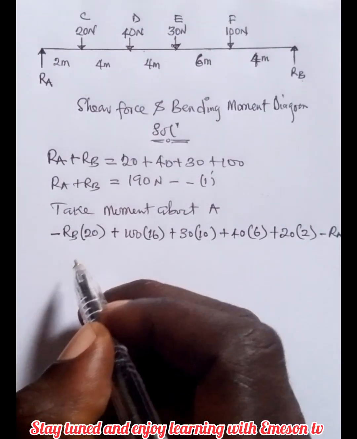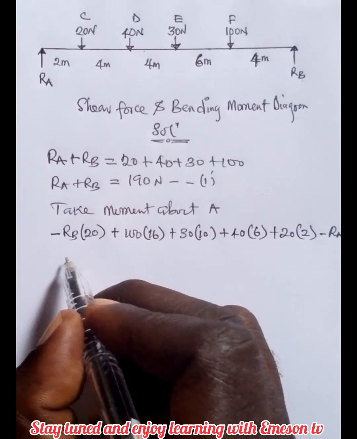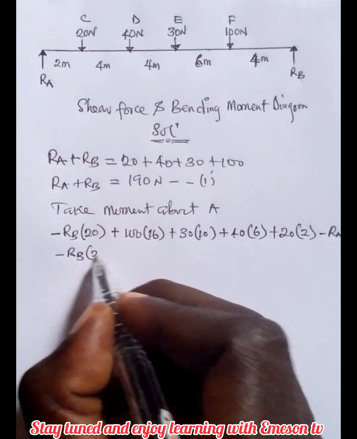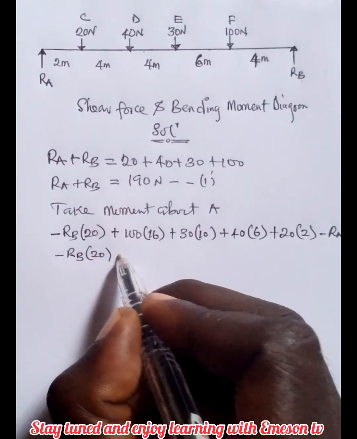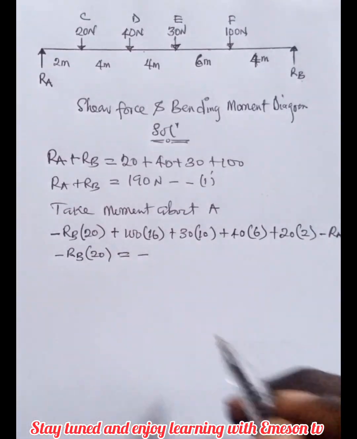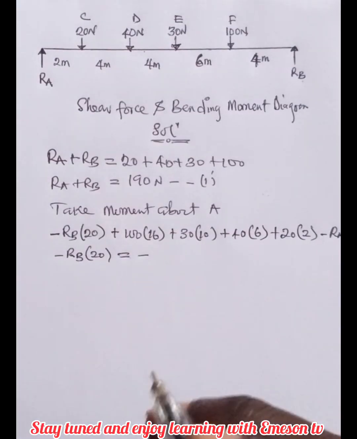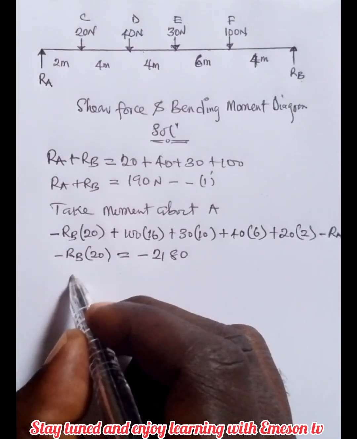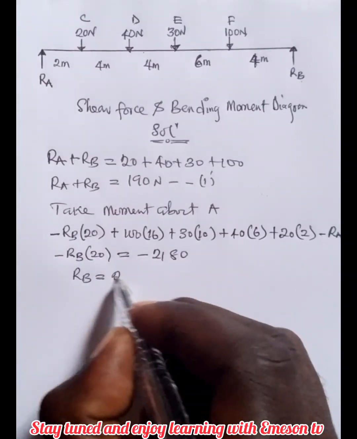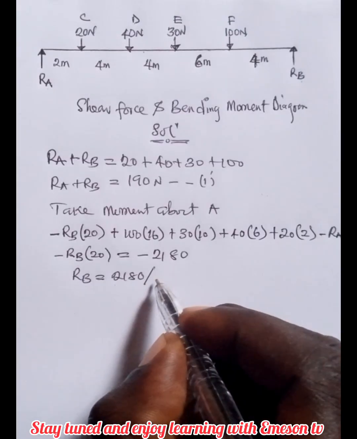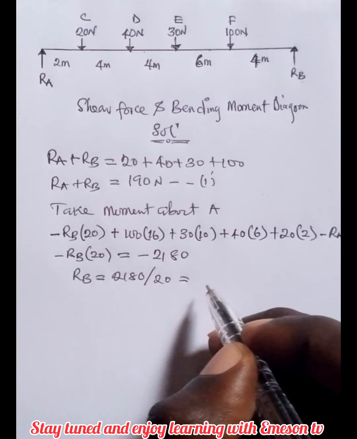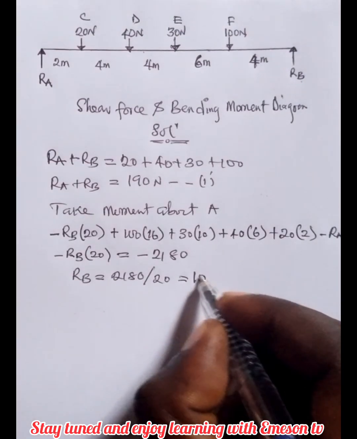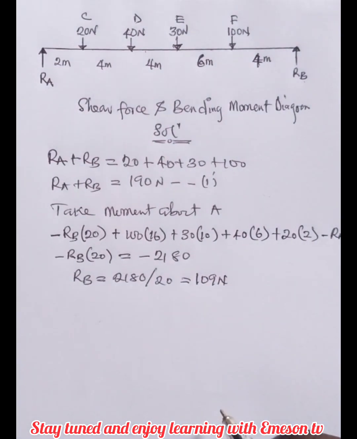Here we're going to have minus R_B multiplied by 20 equals to, let's take all this to the other side. All this is giving me 2180. So therefore R_B is equals to 2180 divided by 20, which is equals to 109 Newton.